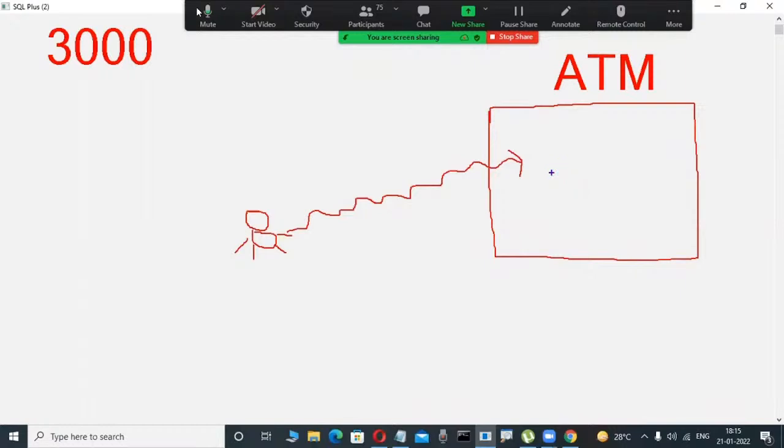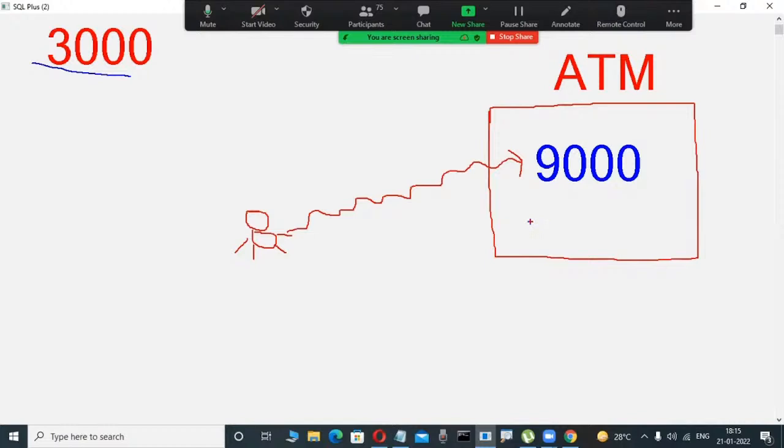Now I decided to withdraw some amount. Fine, but my available balance is 3,000. After inserting the ATM card, it asks for the amount. Unfortunately, I mentally decided to withdraw 9,000 rupees. As I try to withdraw 9,000 rupees, will I get it? No. My balance is 3,000, so how can I get it? 9,000 rupees is impossible.